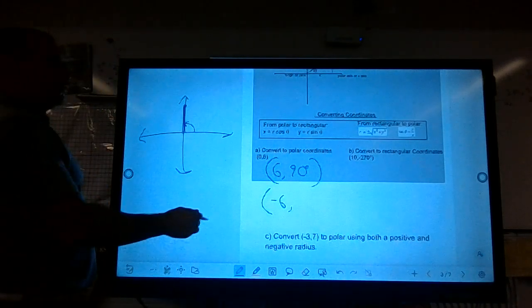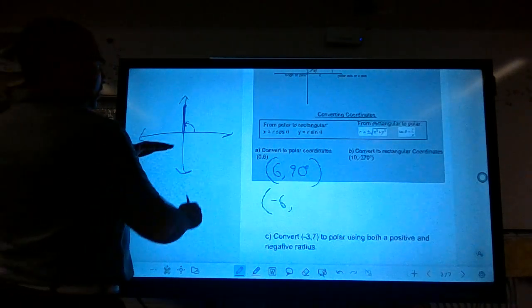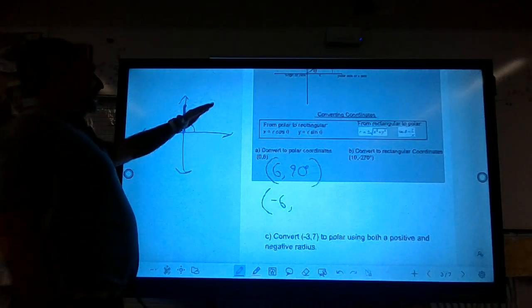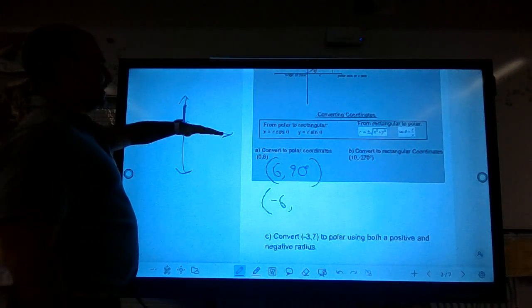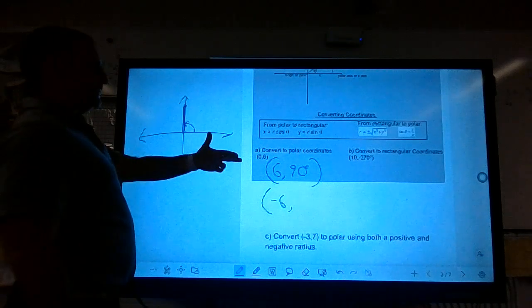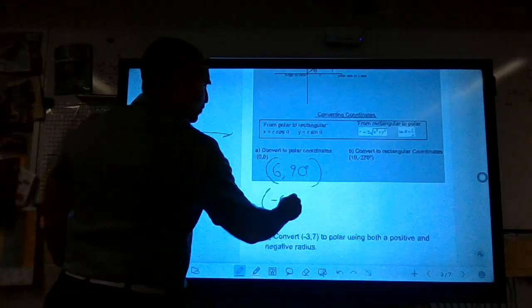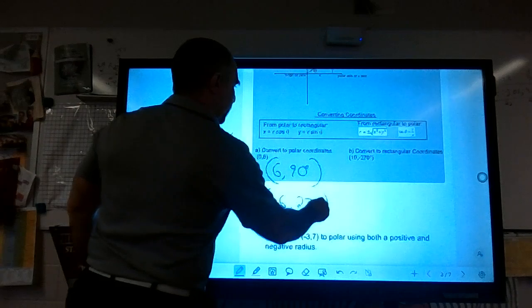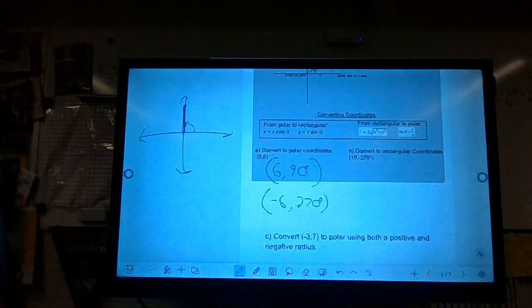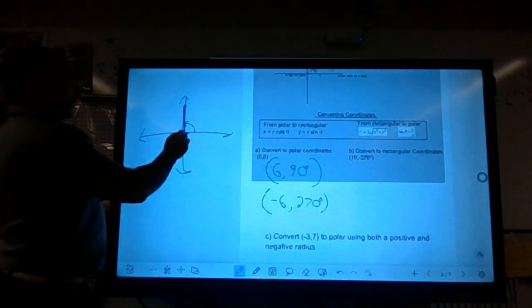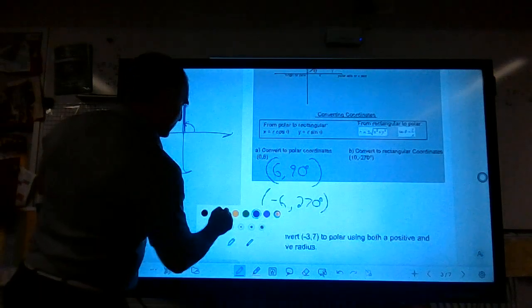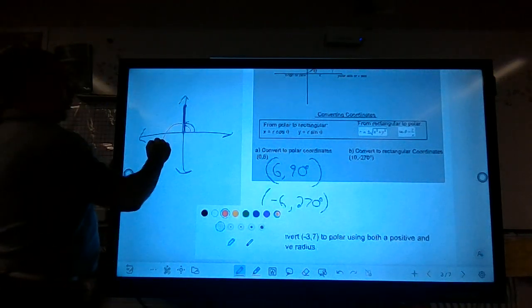What do I mean by true angle? What's the angle coming off the horizontal going counterclockwise? What's the angle that's going to give us the point 0, 6? That's positive 90. So if you look at 180 degrees added on top of that, 270, this is how the negative radii work.